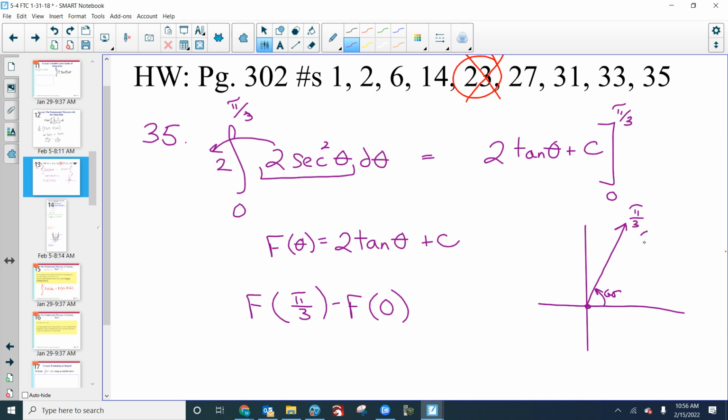You need to know what the coordinates are. The x-coordinate is cosine. The y-coordinate is sine. And if you divide y over x, you get tangent. Okay? You're asked for the tangent of theta. Well, what is the cosine at this value? Well, you should know it's either radical 3 over 2 or a half.